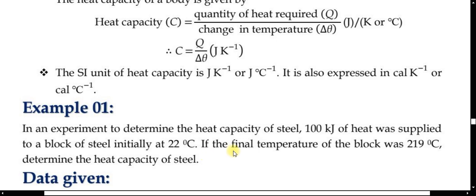We have been given the amount of heat energy supplied to a block of steel so as to raise the temperature. The initial temperature of the block was 22 degrees Celsius, while the final temperature was 219 degrees Celsius.